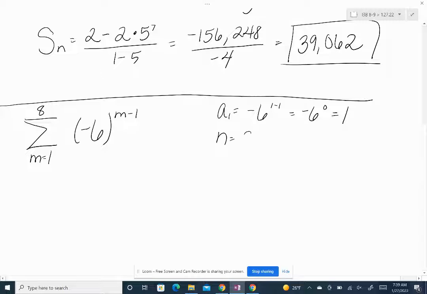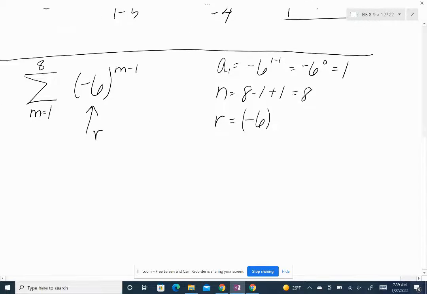My n is equal to 8 minus 1 plus 1, which is just equal to 8. And my r is going to equal negative 6. There's no number multiplied in the front. It's only this number at the bottom of the exponent. So it's negative 6.